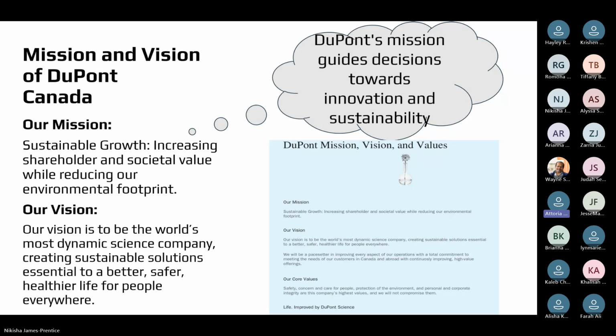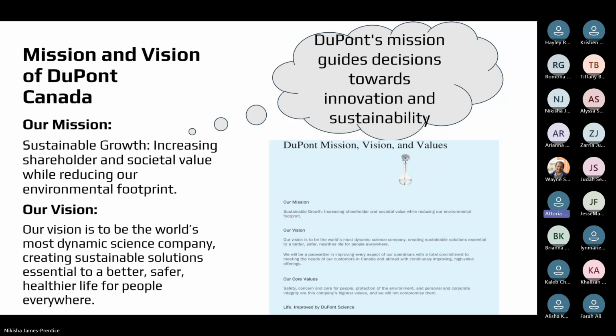To see how a powerful mission directly links daily work to a meaningful, overarching goal, let's first look at the mission and focus of DuPont Canada. Their mission was sustainable growth, increasing shareholder and societal value while reducing our environmental footprint.